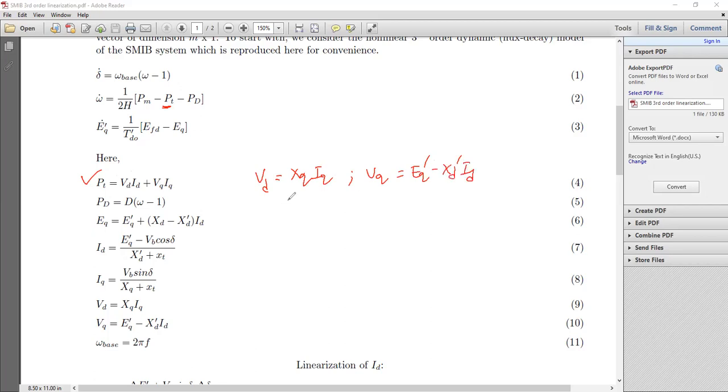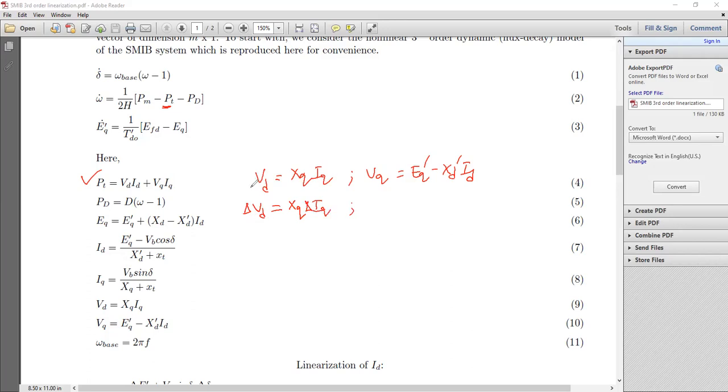So if I want to find del VD, what would be that? XQ, is it a variable or a constant? It is a constant, so we don't have to bother about constants, and we are only left with IQ. So we can simply write it as del IQ, in terms of the deviation variables.